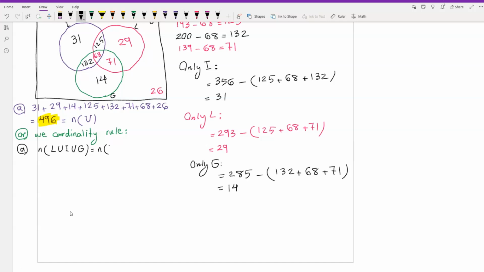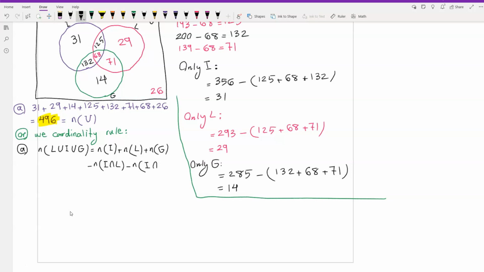That is equal to the number of elements in I, L, G, minus the number of elements in I and L, minus the number of elements in I and G, minus L and G, plus all these three.